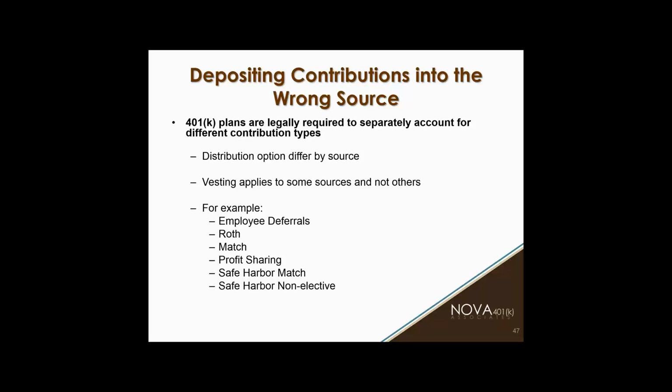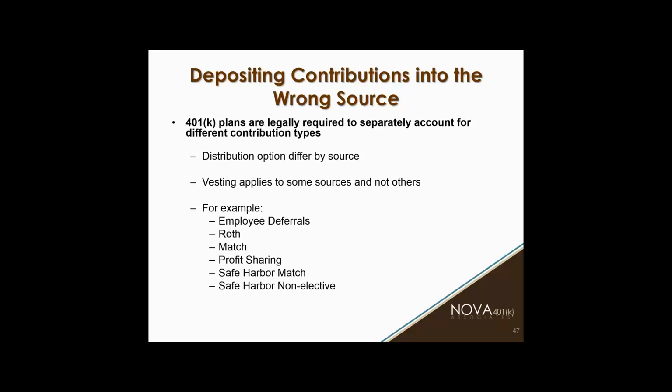We also have to correct quite a few errors that involve depositing money into the wrong source of money. At your investment provider, there are different line items. You've got your employee deferral line item that has to be segregated from your Roth, the matching line item. You've got a bucket for profit sharing, for safe harbor. It just depends on the type of plan you have.